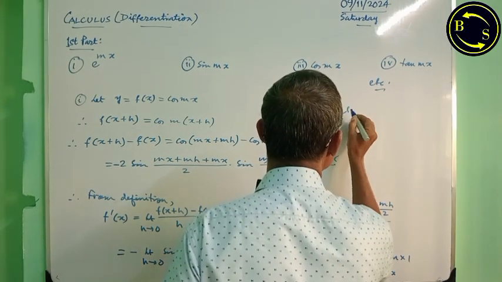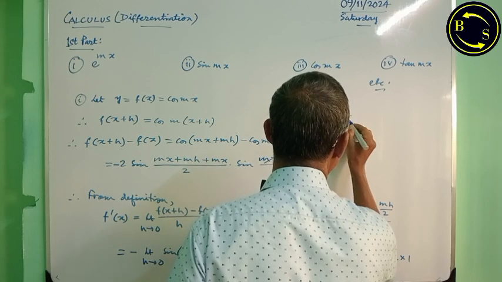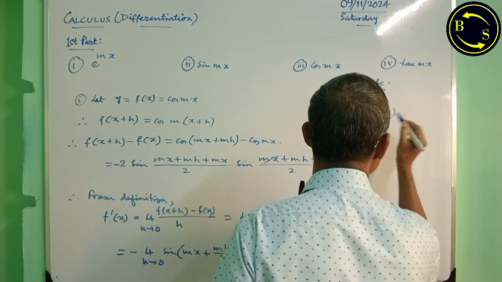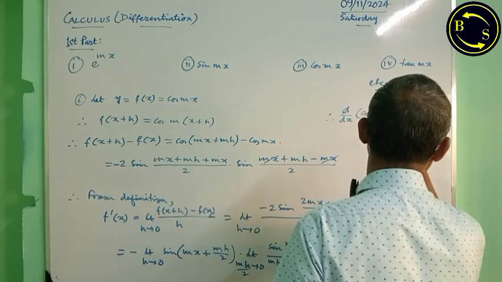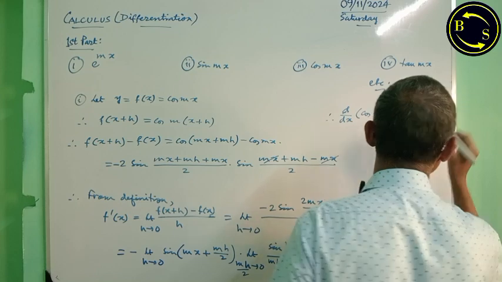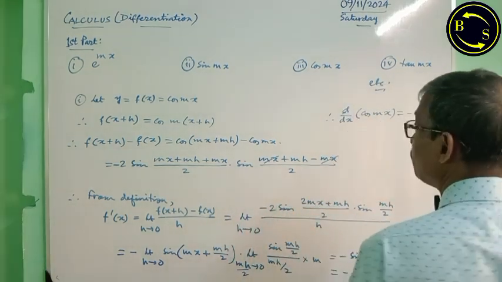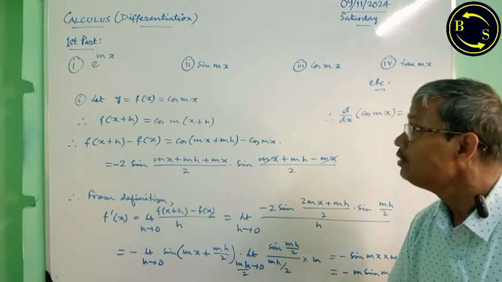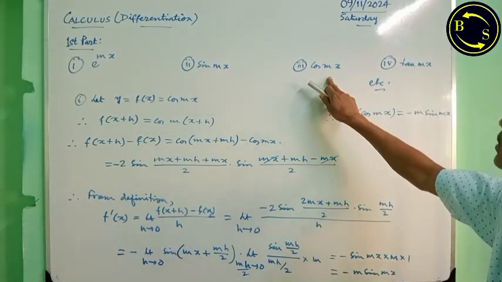Therefore d/dx of cos mx is equal to minus m sin mx. I have deduced by using definition the derivative of cos mx.